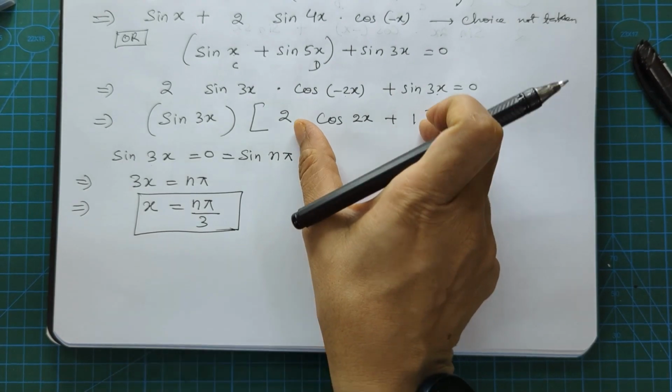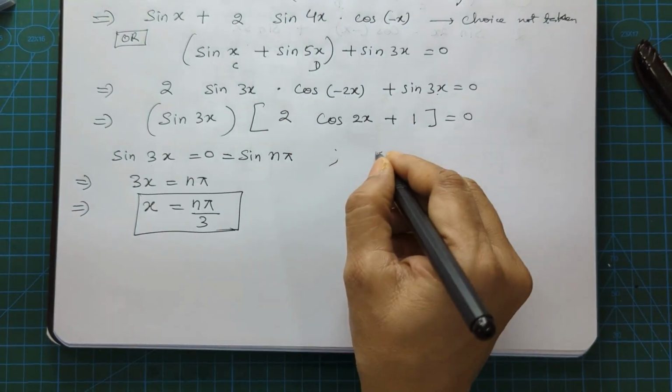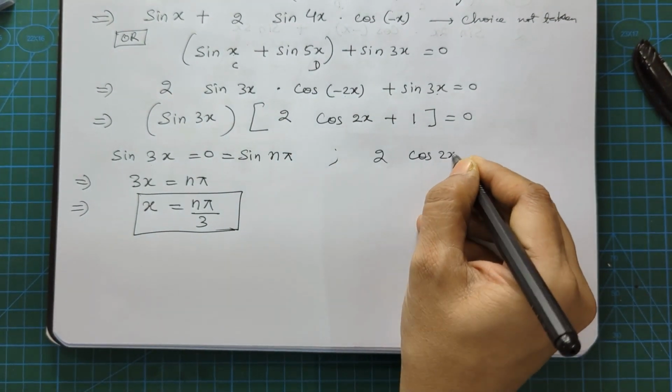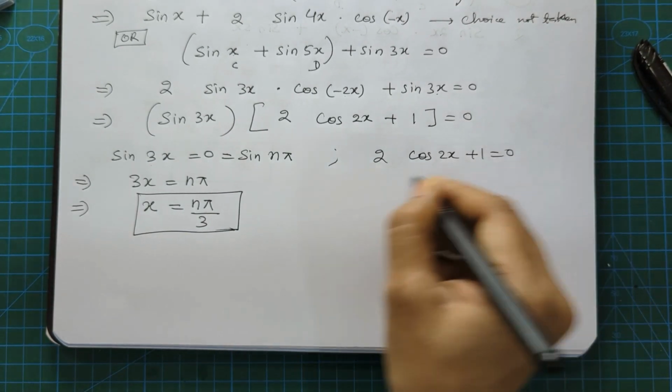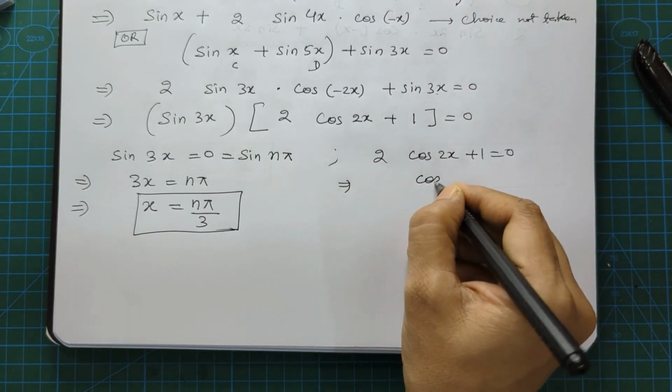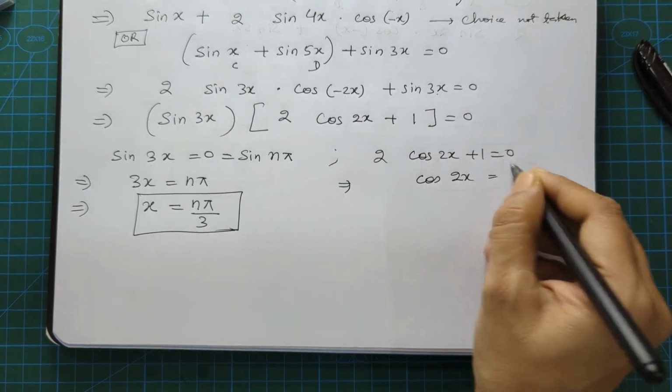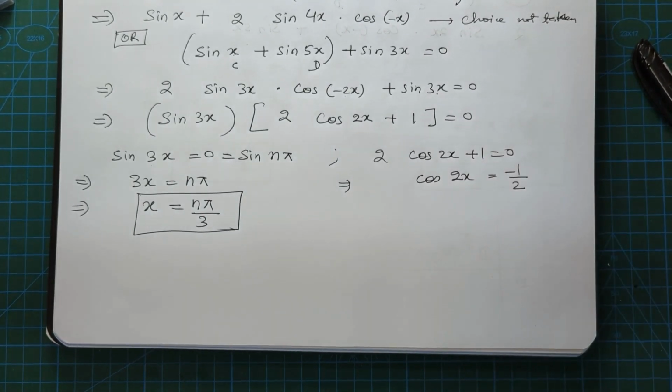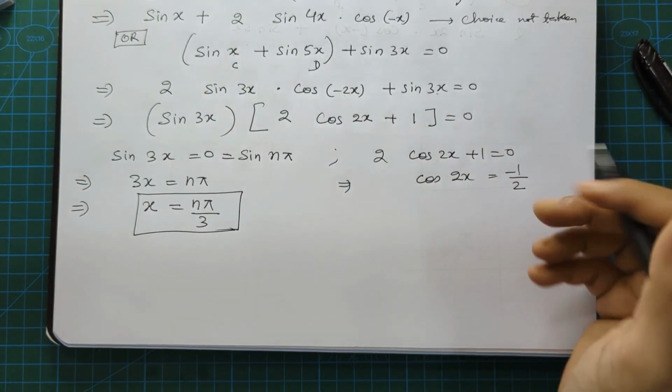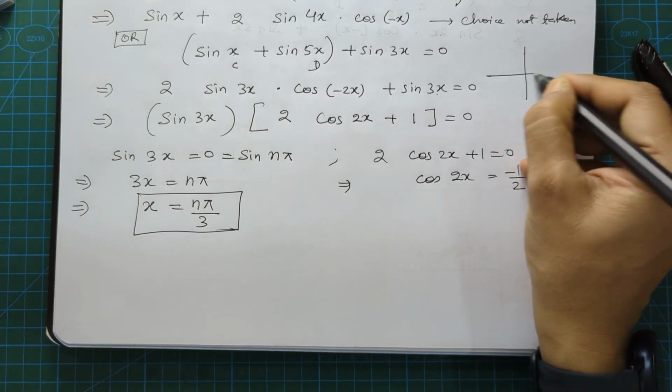The other solution we will get from the second bracket, which is 2 cos 2x plus 1 is 0. Writing this properly, we get cos 2x is negative 1 by 2. Now cos of an angle is negative in which quadrant?